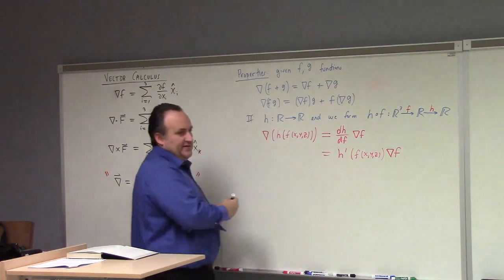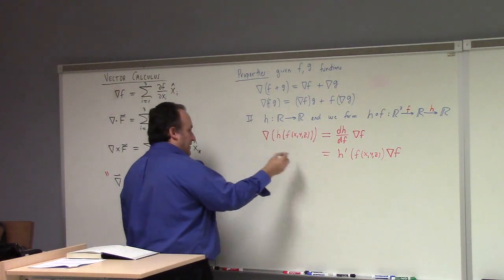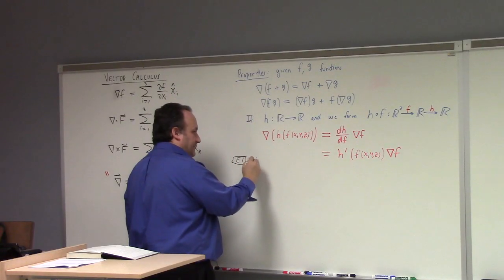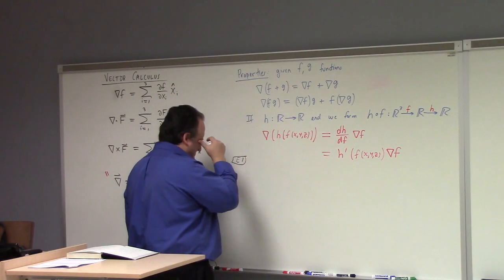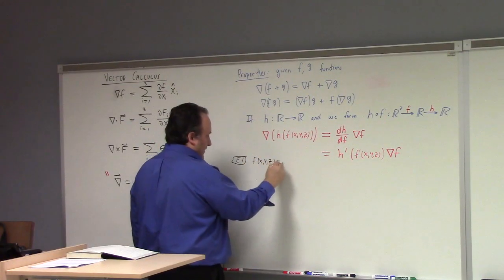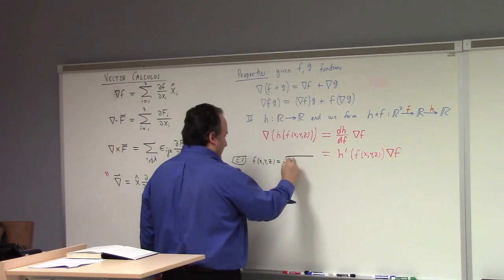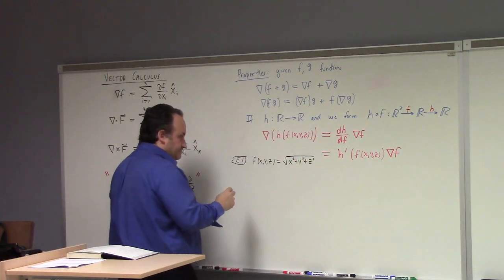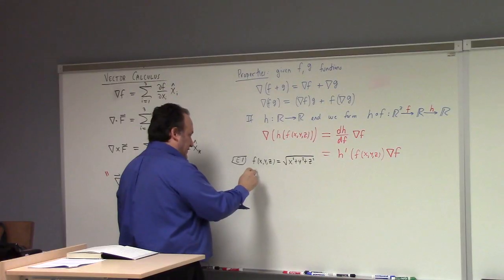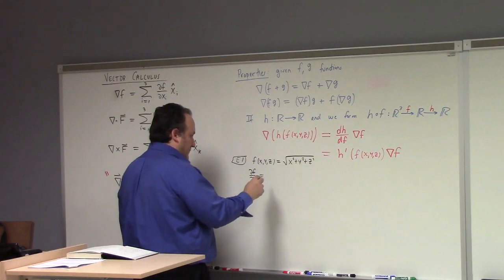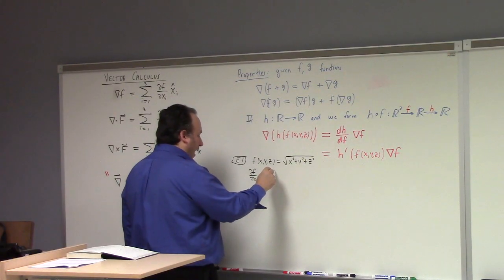Here, as an application of this, you remember if we look at F of X, Y, Z equals the square root of X squared plus Y squared plus Z squared, for example. Then what is partial F partial X equal to?